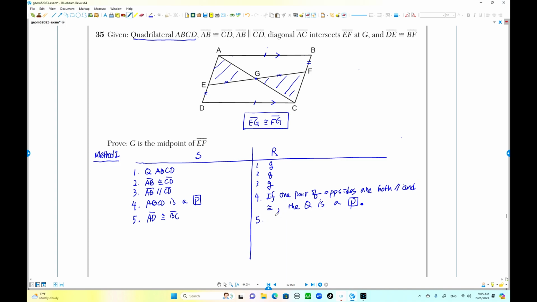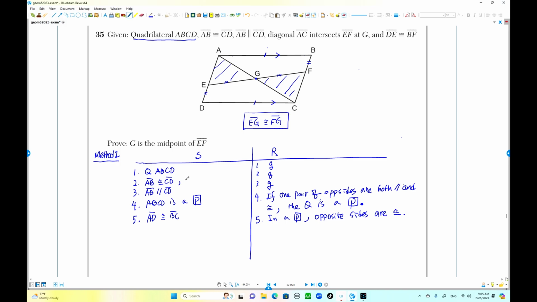The reason: in a parallelogram, opposite sides are congruent. Okay, ED and BF. I forgot this.